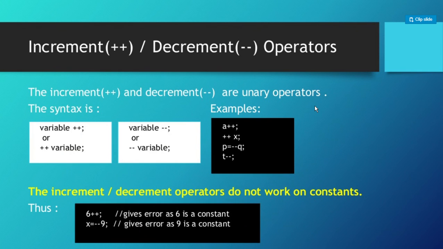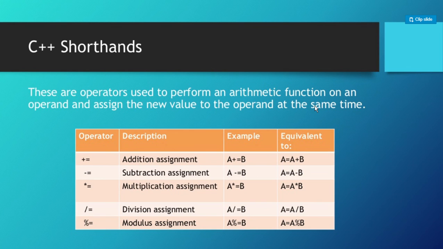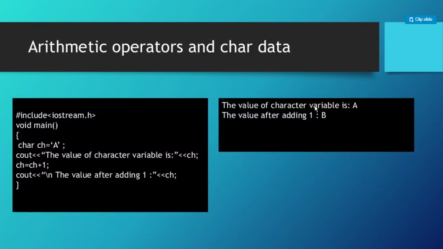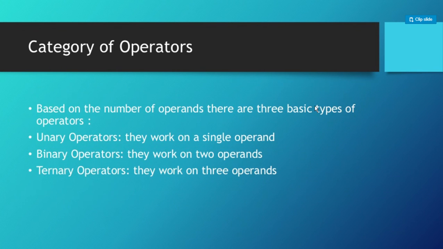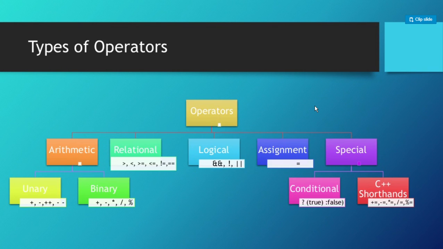For revision, there are five types of operators: arithmetical, relational, logical, assignment, and special.